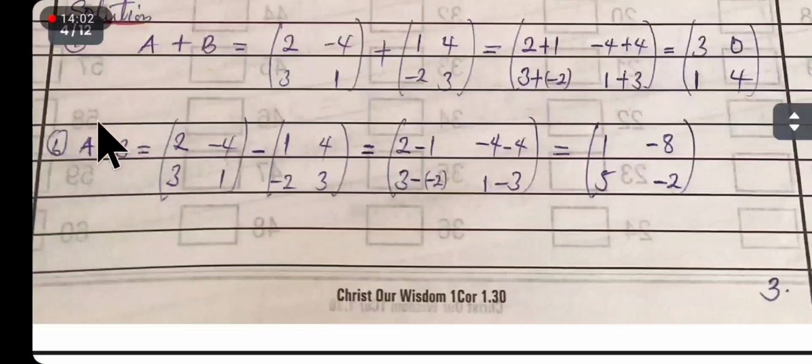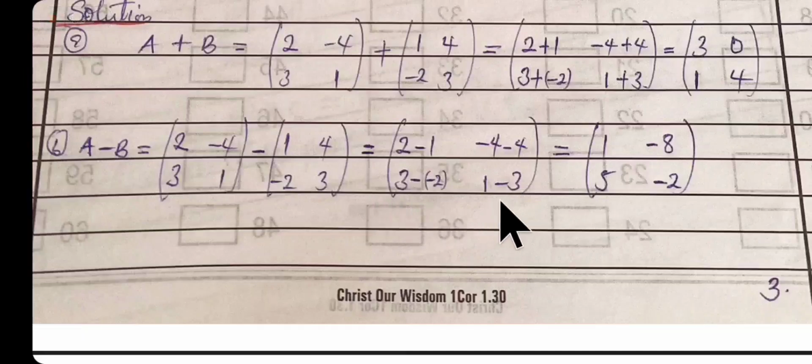Let's do the subtraction now. A minus B is still element-wise. 2 minus 1 gives us the first entry, then 2 minus minus 4 gives the second entry, then 3 minus minus 2 gives this entry, then 1 minus 3 gives this entry.